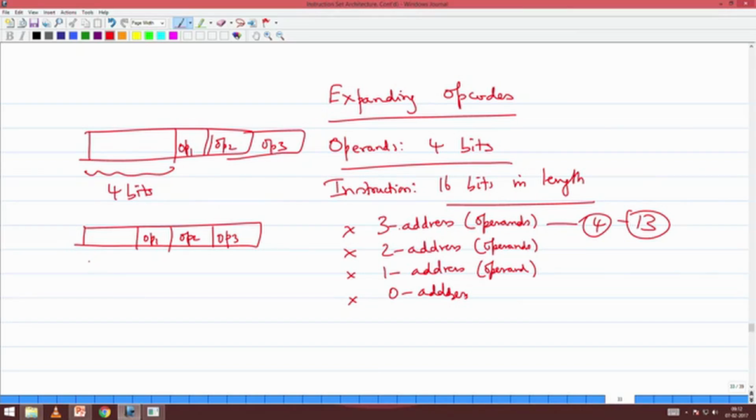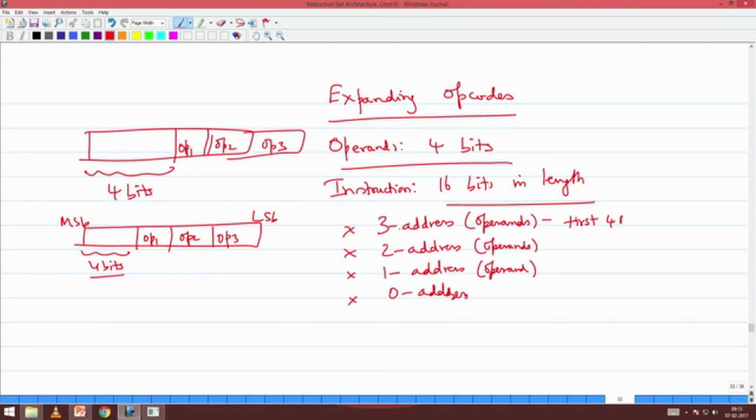So if the first 4 bits, the first, that is the most significant. So this is the most significant bit, this is the least significant bit, left to right.